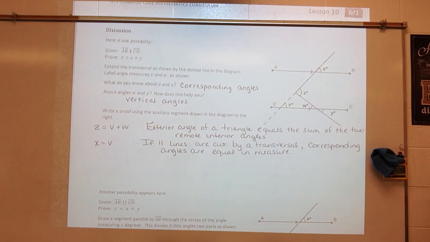What else do we know? Well, we talked about Y and W. We said that Y and W were what? We said they were vertical angles, so they're equal in measure.